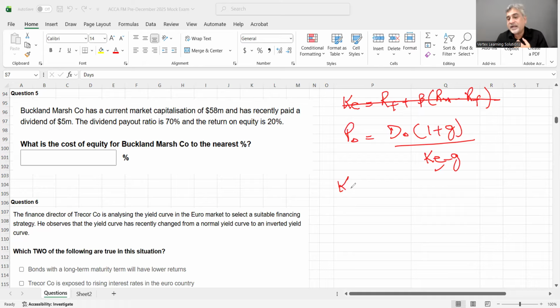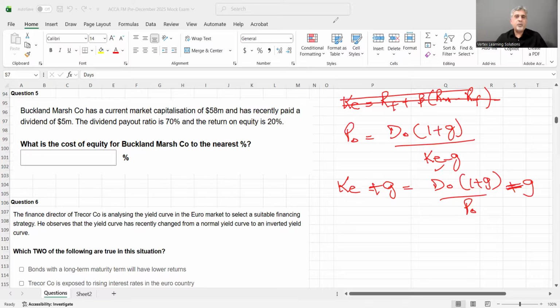And I can say that KE is equal to D naught into 1 plus G divided by P naught, plus G. This is one derivation, the second option. Okay, so we'll see which formula we need. CAPM definitely we do not need. What we need to do is use the dividend growth formula.